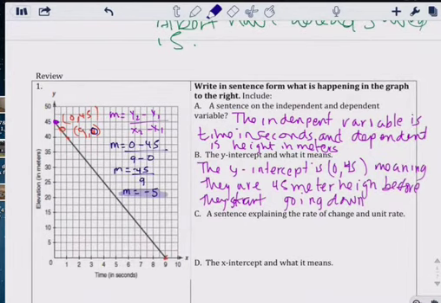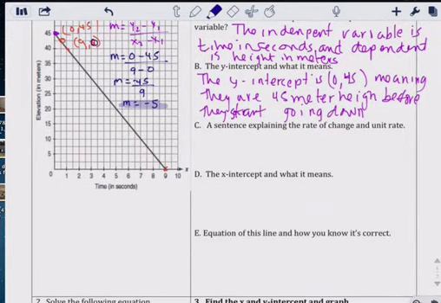What am I doing? Oh, well, I'm preparing for this answer. Okay.